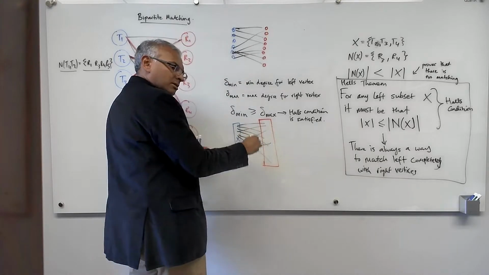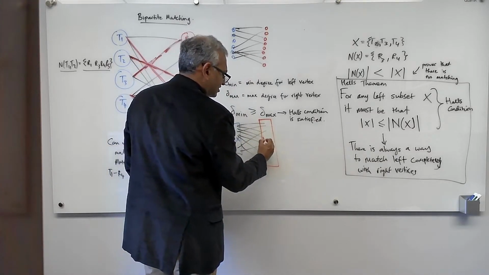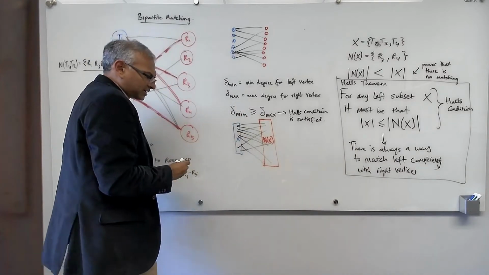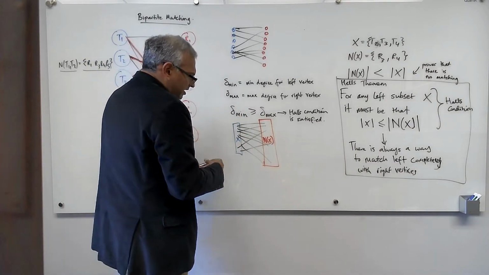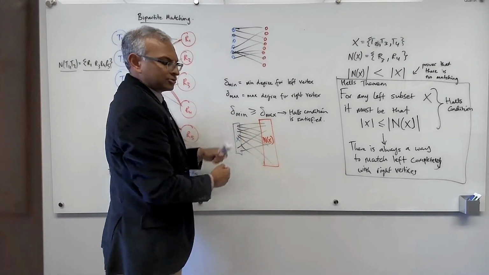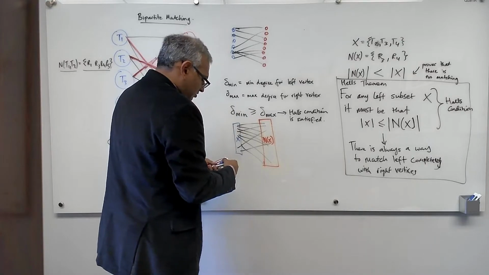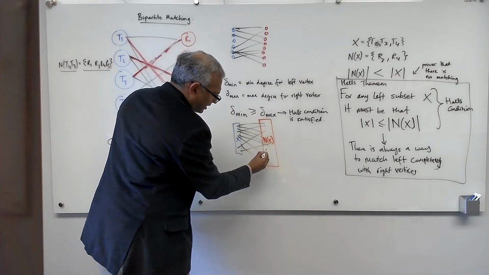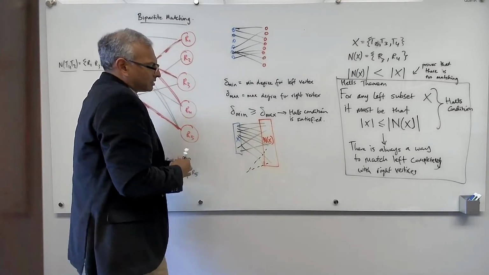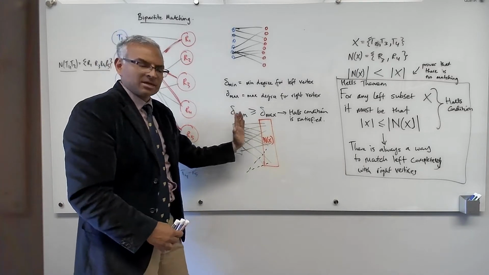All those edges combined, when you collect up all those vertices, that's the neighborhood of X. So X goes into the neighborhood of X. It's possible that there are other edges going into here. What we know is that all these edges go into there, but there might be other edges going in, so I'll put those as dotted edges. Now, let's look at the number of solid edges, the ones coming out of X.